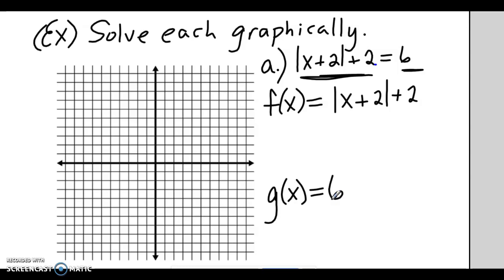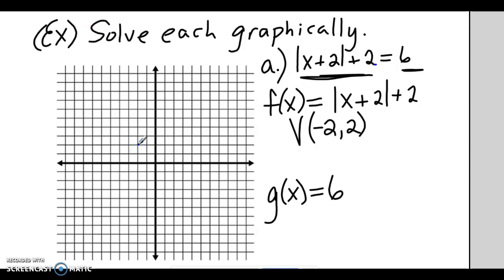On the absolute value function, the f of x function, I'm going to first state my vertex. Addie, what's the vertex of that? -2, 2. And so I'm going to plot that at -2, 2, about there.